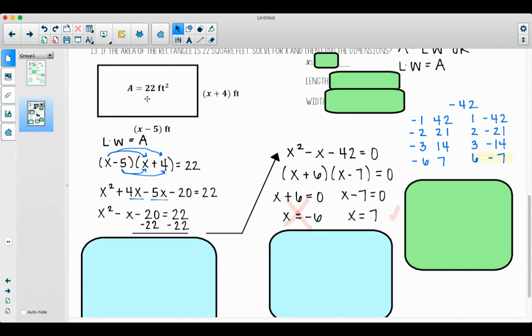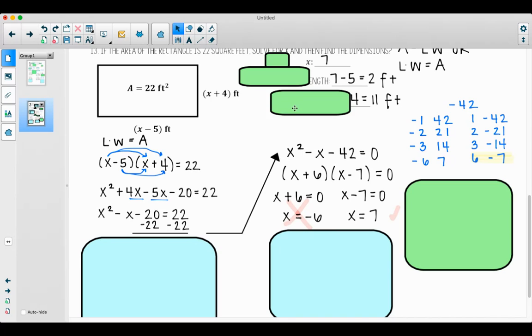In this application modeling problem, negative 6 is no good because then we're looking at negative lengths and widths, which means that 7 is going to be our answer for x. Our width is going to be 7 minus 5, or 2 feet, and our length is going to be 7 plus 4, or 11 feet. Just as a last check, 2 times 11 does in fact get me that 22 square feet.